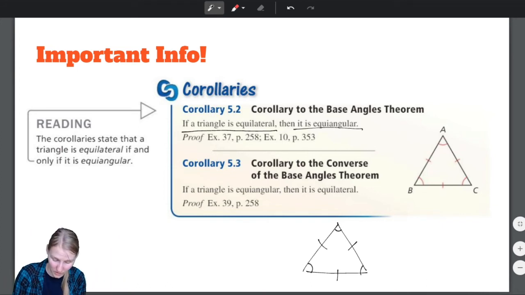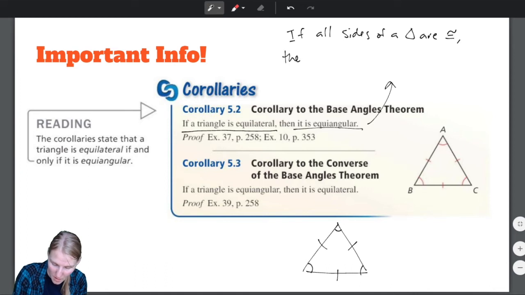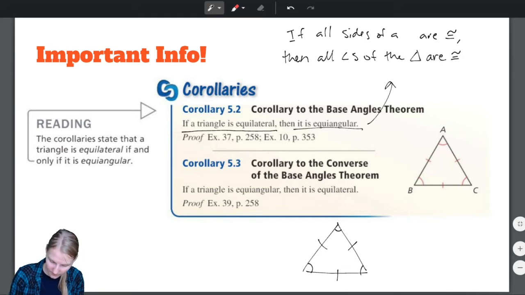So, if we wanted to write the first one in our own words, we could say, if all sides of a triangle are congruent, then all angles of the triangle are congruent. And I'm using shorthand again.